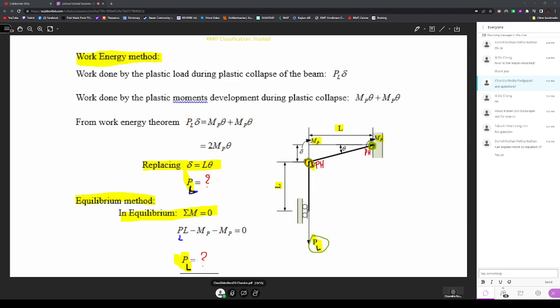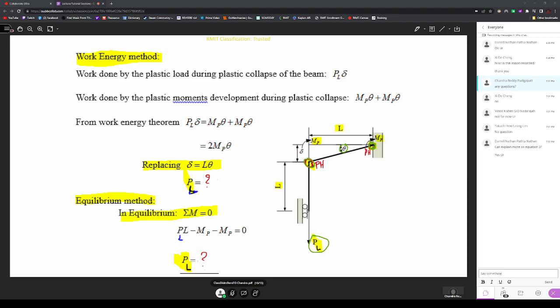When the load increases to plastic load, the angular displacement theta is shown as very high. This is just for description purposes.